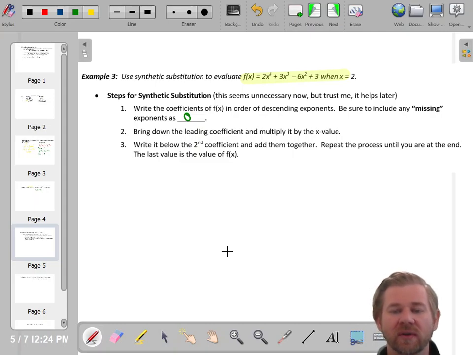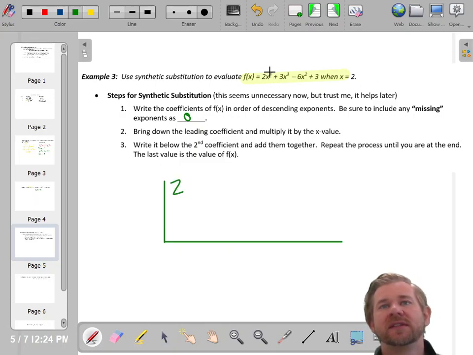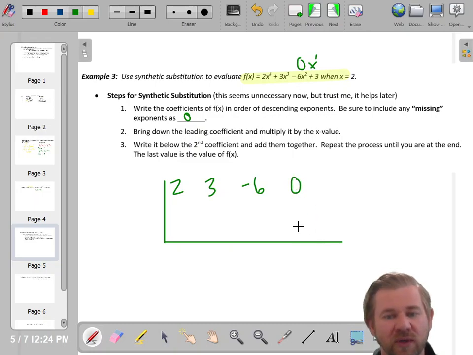If you don't, you will get these wrong. I'm going to set this up and then explain what's going to happen. We put the coefficients in descending order. This is degree 4, so I put a 2. Then degree 3, I put a 3. Degree 2, I put -6. There is no x to the 1st, so we have to put a placeholder 0 there. If you don't do that, you will get it wrong.